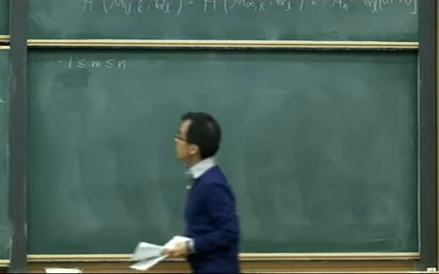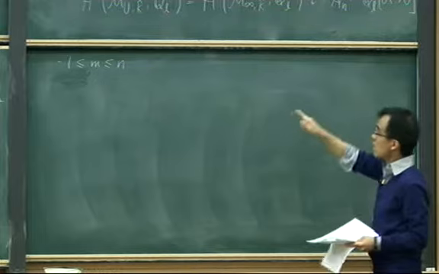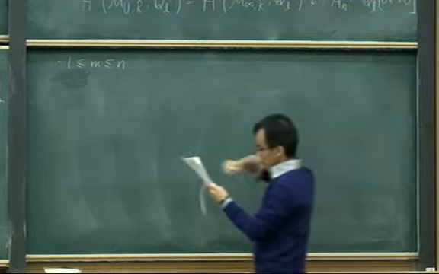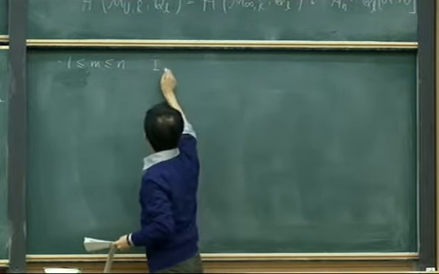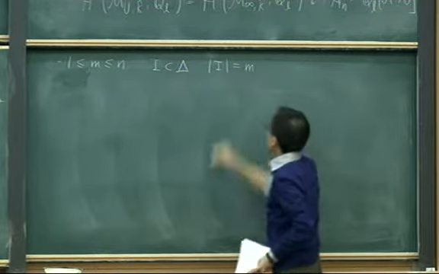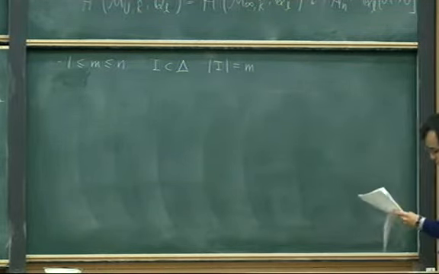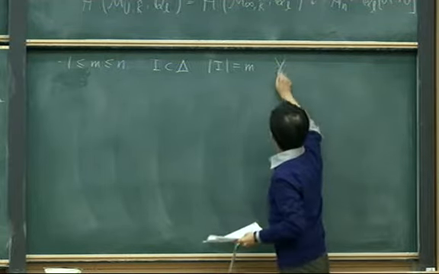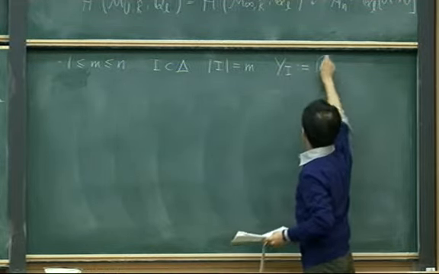I want to look at intermediate intersections of these things. They all intersect very nicely. So for each subset I of delta with m elements, I intersect them to get Y_I.